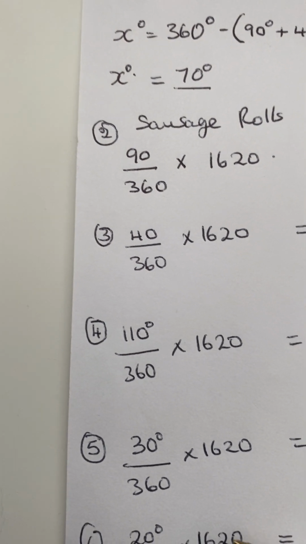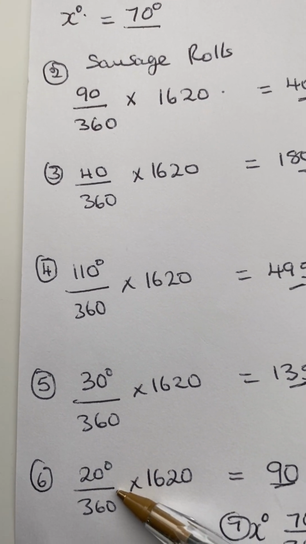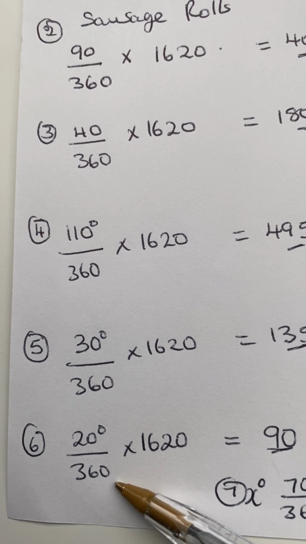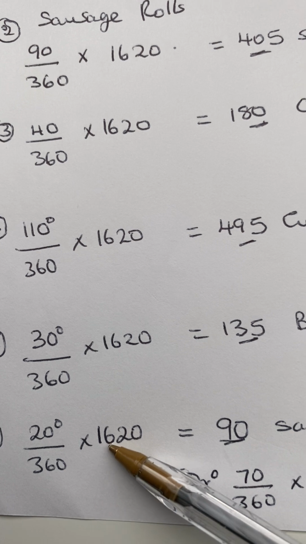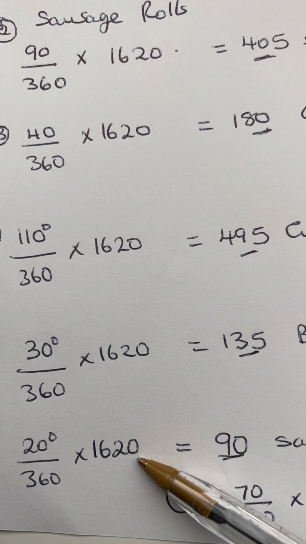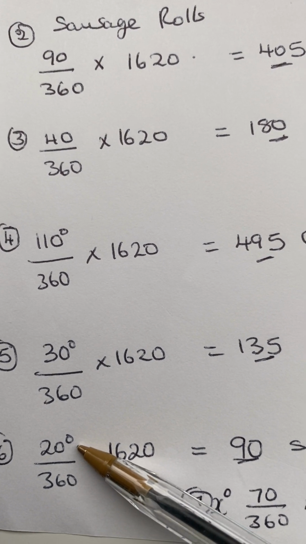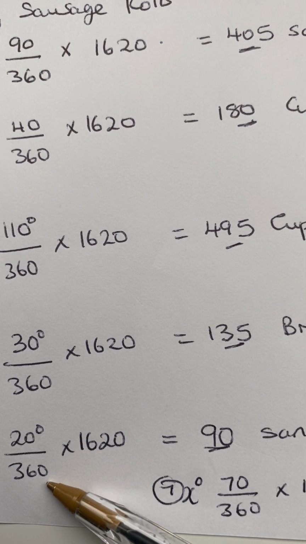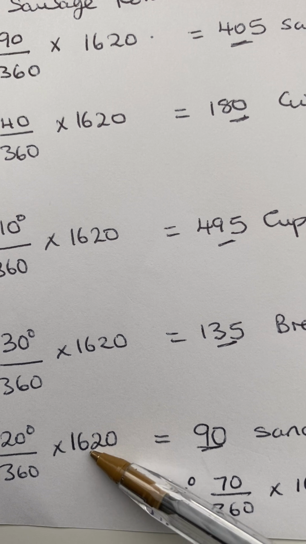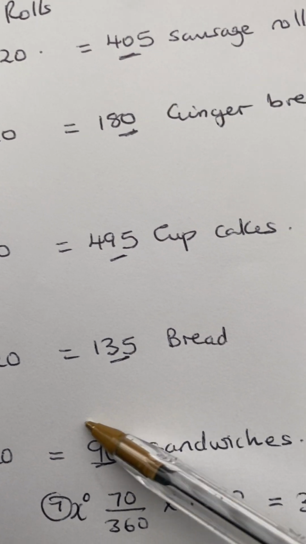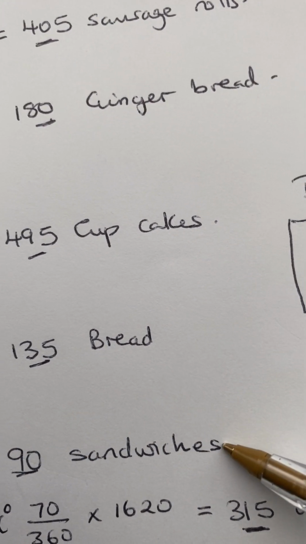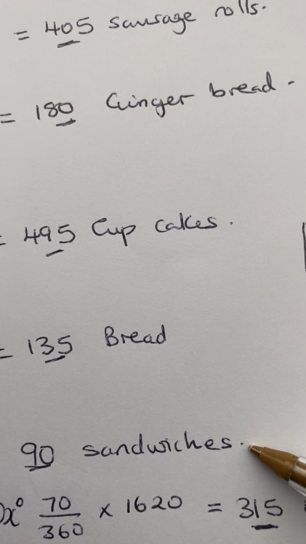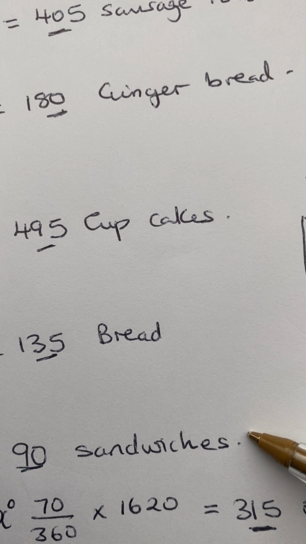Okay, so 20 divided by 360 times 1620. Again, if you do 20 over 360 times 1620, you get 90 sandwiches. So they sold 90 sandwiches on that day.